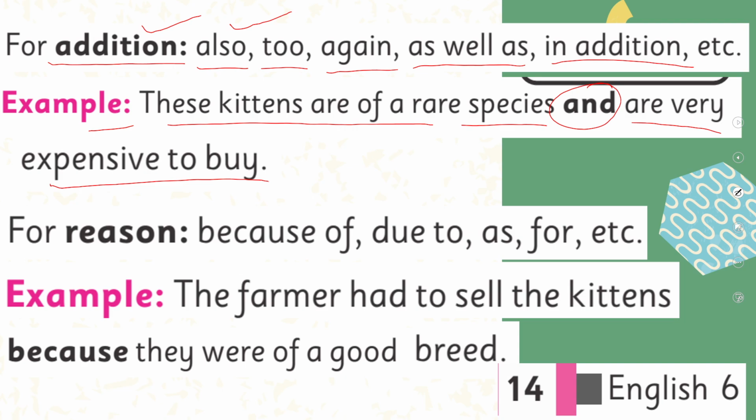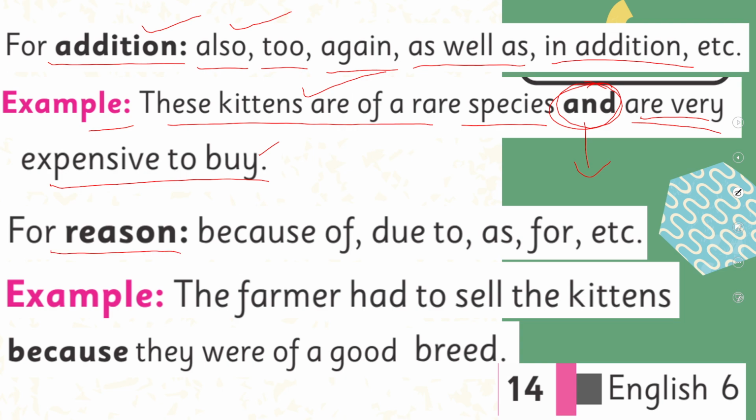So we completed the sentence, these kittens are of a rare species, but when we want to add some information, we used this transitional word and, and then we added the information, are very expensive to buy. So this and actually connected these two different parts of a sentence.